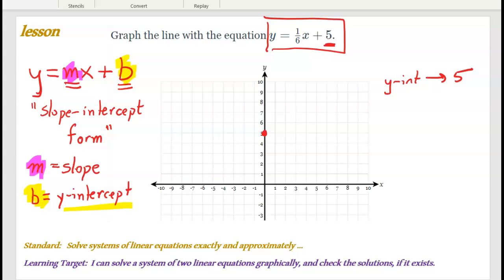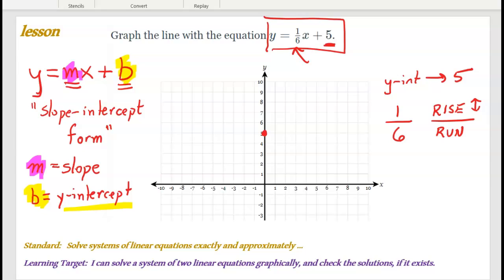Now, the slope, this is the tricky part. The number in front of x, the coefficient, is 1 over 6. The slope is called rise over run. Rise means it's either going to go up or down, so the word rise is kind of misleading. If the number's positive, you're going to go up.